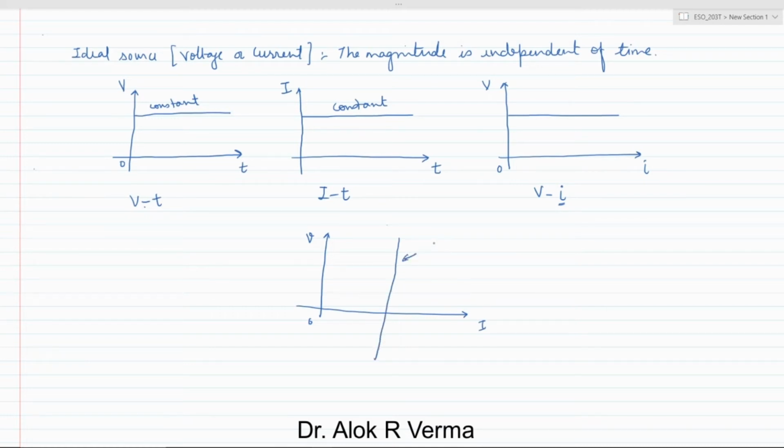So this is the IV characteristic of the ideal voltage source, and this is the ideal current source.